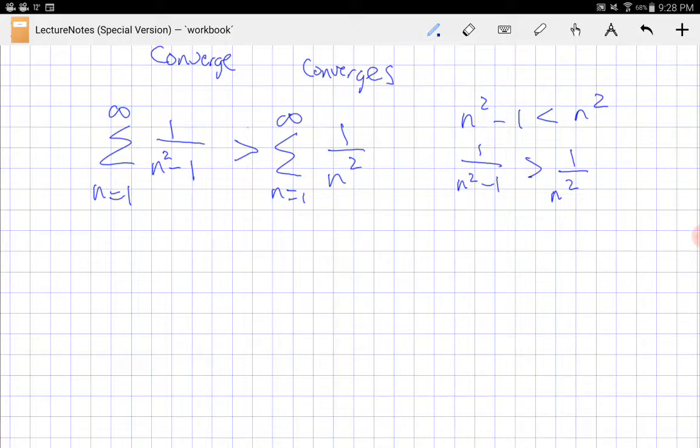What the limit comparison test, which I'm going to shorthand to LCT, says is this: let's call our sum a_n, and we want to compare it to the sum of b_n.